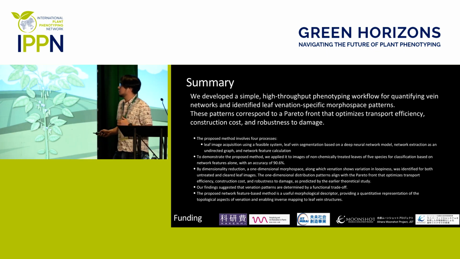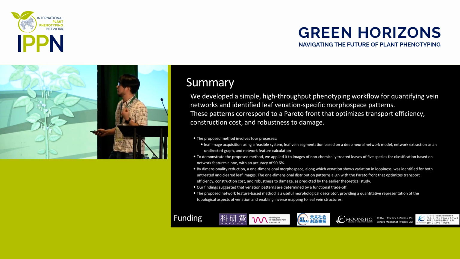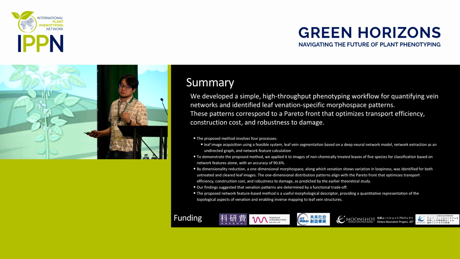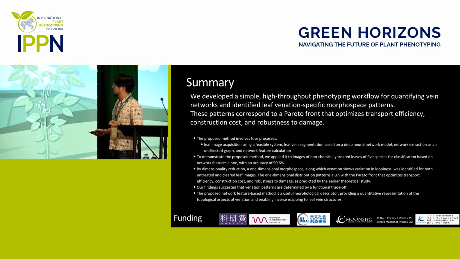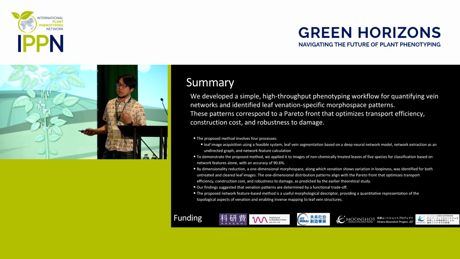Okay, so in this study, we developed a simple and high throughput phenotyping workflow for quantifying the vein network and identifying the leaf venation-specific morphospace. And these patterns maybe correspond to the Pareto front of the optimized transport efficiency, the construction cost, and the robustness to damage.